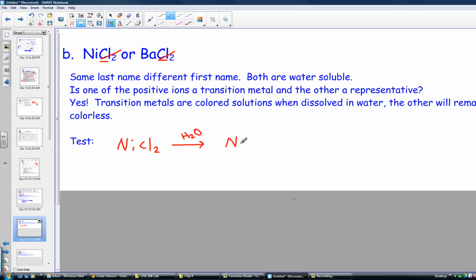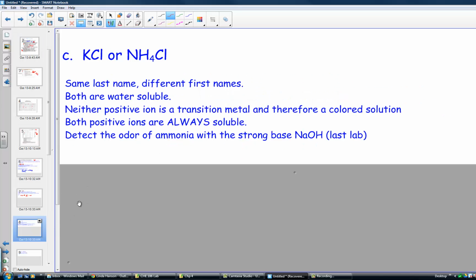The nickel ion, released with its 2 positive charge, would be an aqueous ion, and we'd have 2 aqueous chloride ions come out, and this is a green color when dissolved in water. If I dissolve the salt in water and it turns green, I would know nickel chloride was my salt. However, if I dissolved barium chloride in water and it remained colorless, it would not be nickel. So I could tell one from the other based on the color it turns when it dissolves.